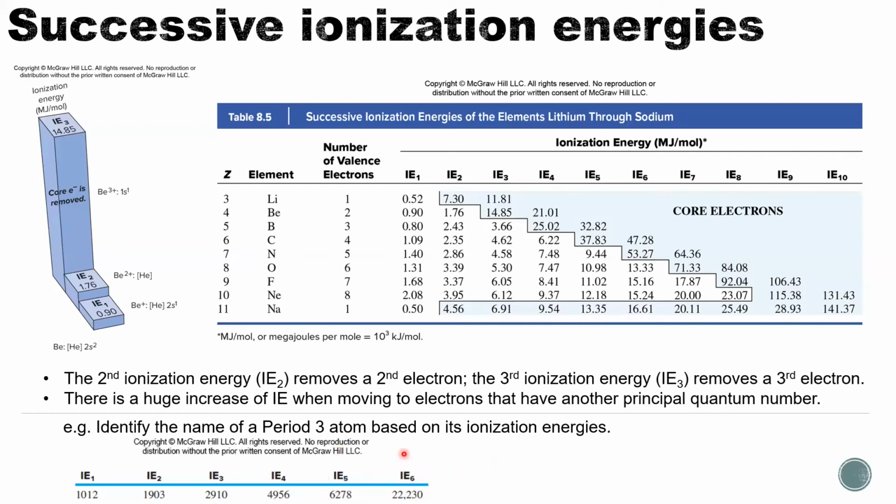That means we have 5 electrons in the same principal number, and when we move to 6, it's another principal number. In other words, we have 5 valence electrons. In period 3, if we have 5 valence electrons, that means the element is phosphorus.